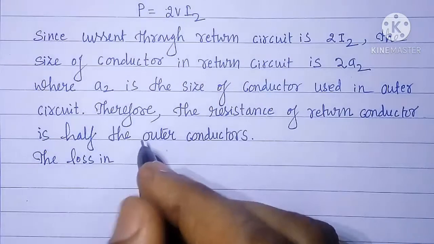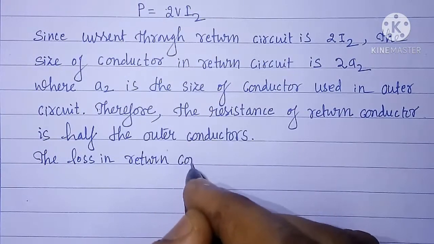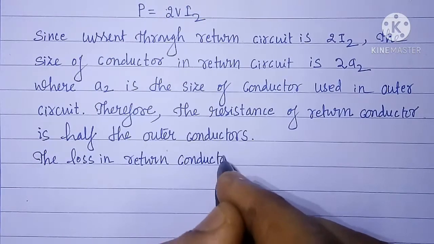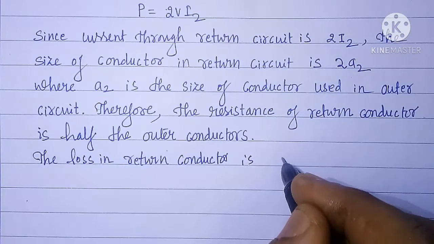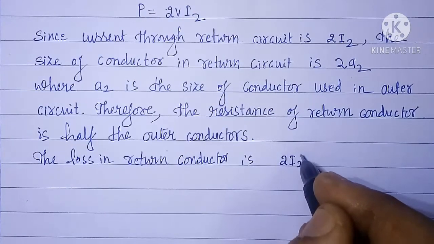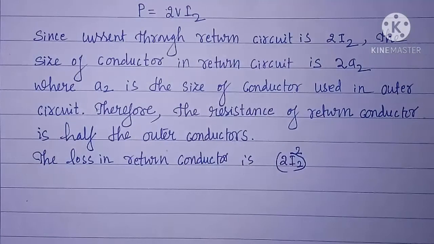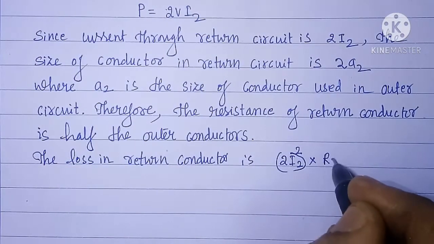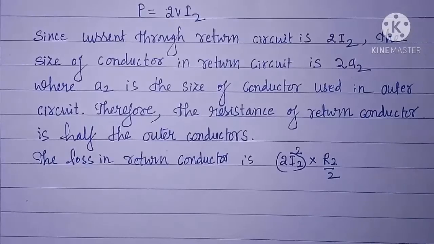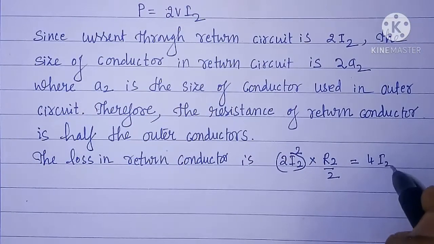The loss in return conductor is 2 into I2 square into R2 by 2, that is equal to 4 I2 square into R2 by 2.